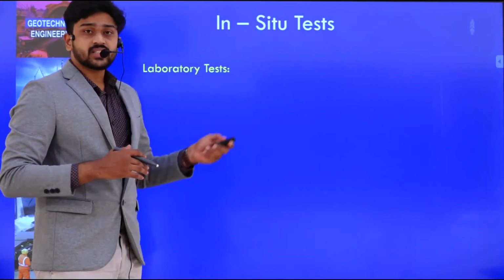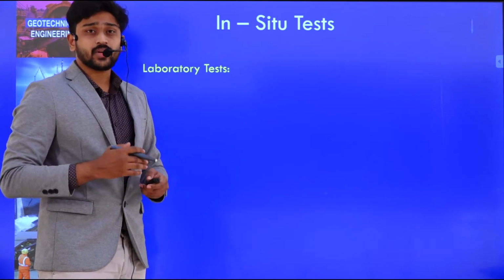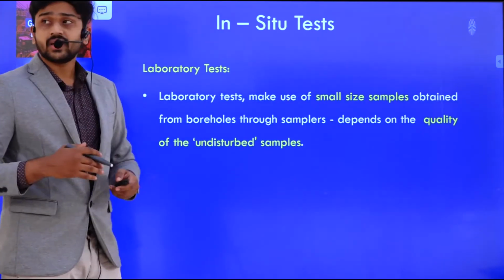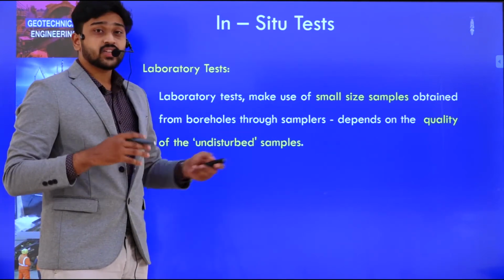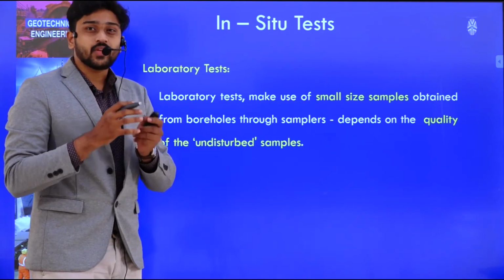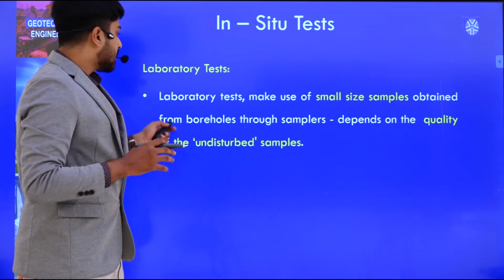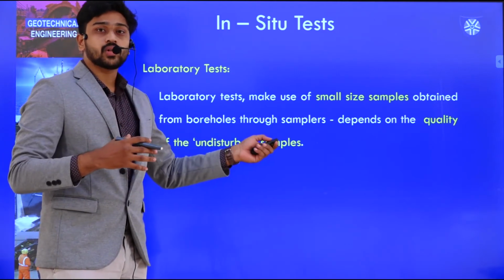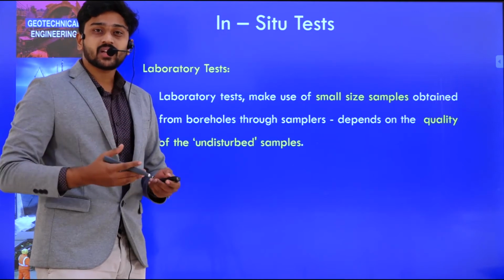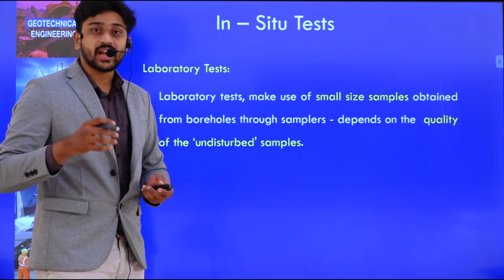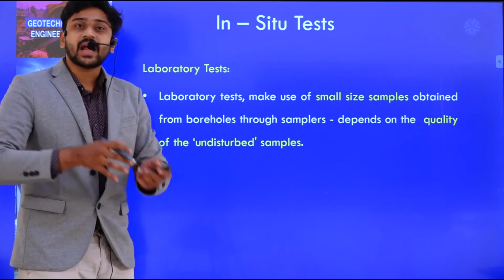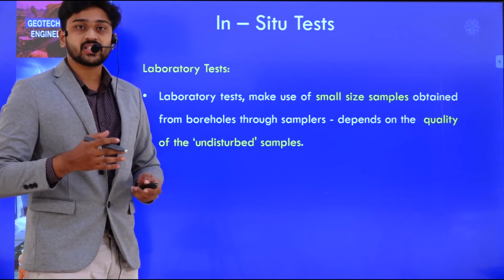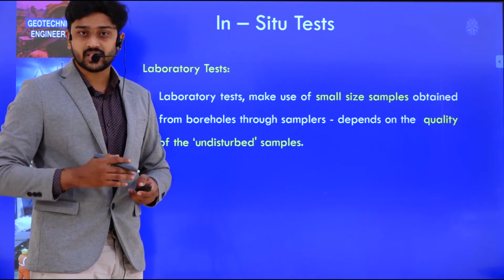Coming to the in situ test versus the laboratory test, what do we mean by the laboratory test? In a laboratory test, we make use of small size samples that we obtain from boreholes. In any particular soil ground, we dig a borehole and collect the soil sample. We take these samples to the laboratory for testing to obtain the index as well as engineering properties.